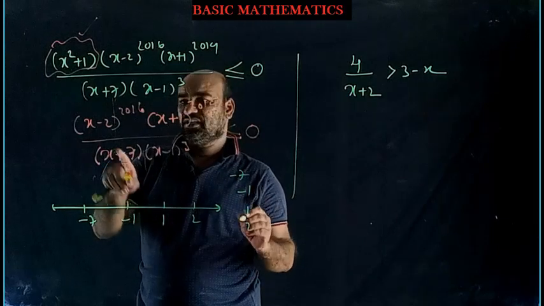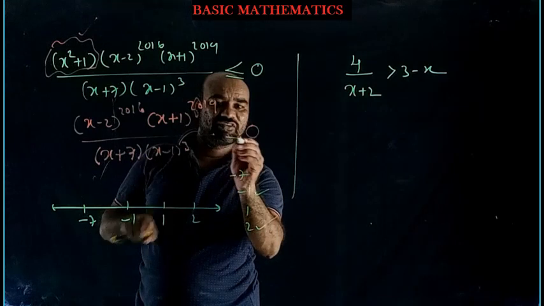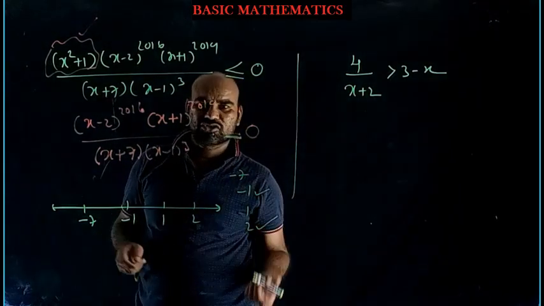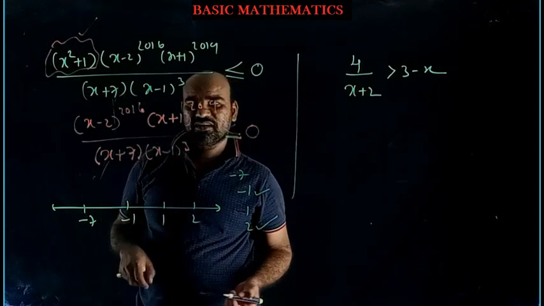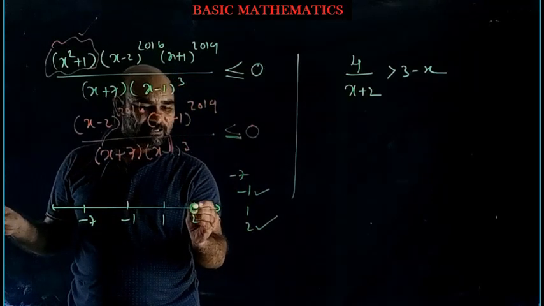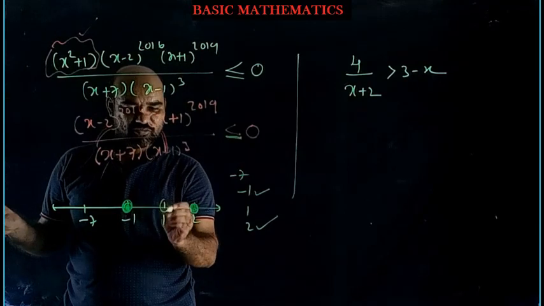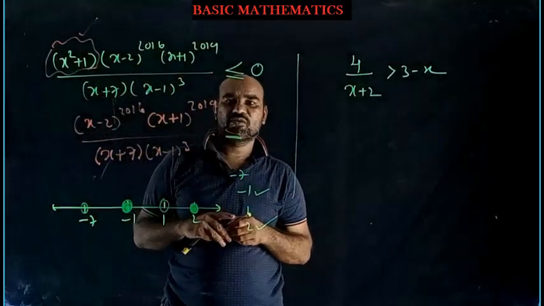Among these, 2 is a solution, and minus 1 also is a solution because equal to is given. If equal to is not given, these two also would not be solutions. So minus 7 won't be a solution and 1 also won't be a solution because they are in denominators. So I make 2 a thick circle, minus 1 also a thick circle, and here open circle and here open circle. Now I want to identify the solution of the problem.